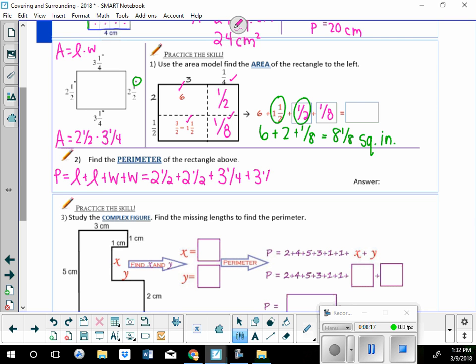Okay, I just added up all my sides. I'm going to add 2.5 plus 2.5, which is what, crew? 5.